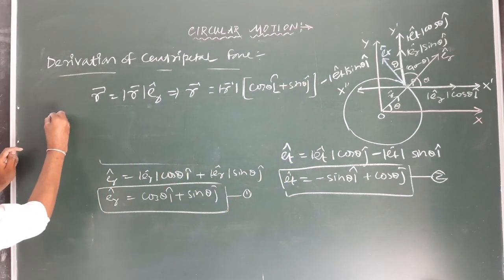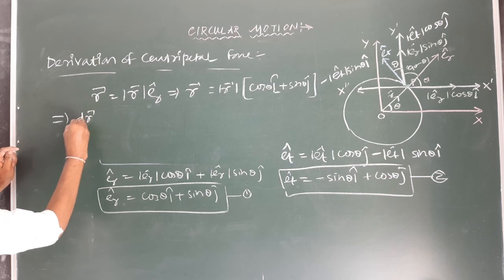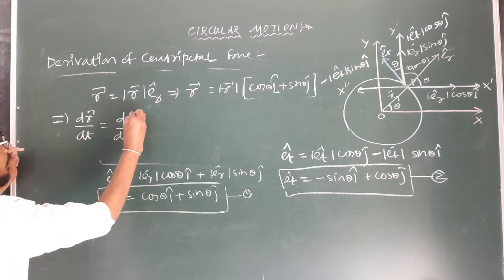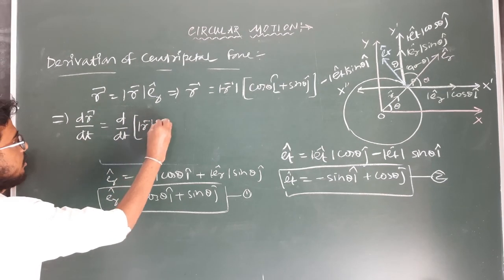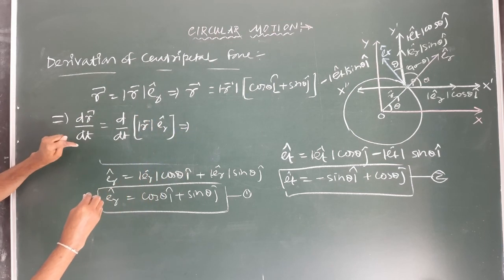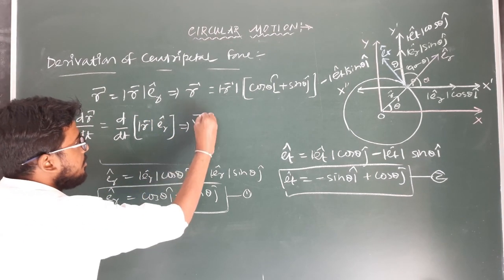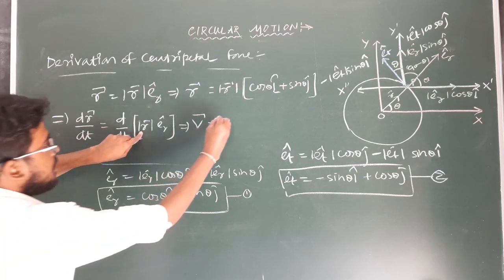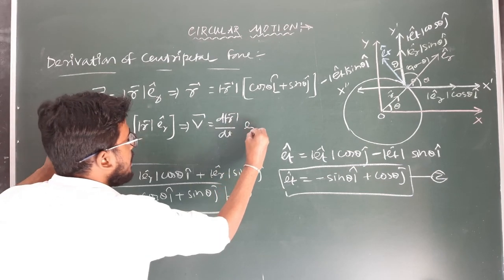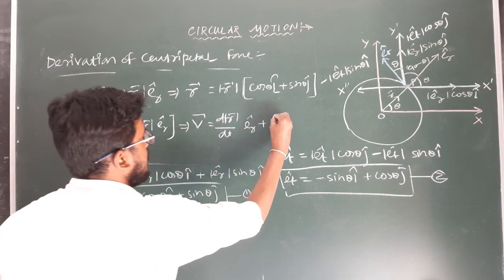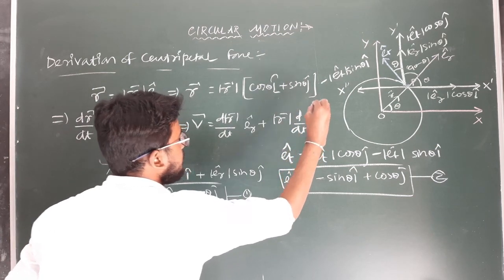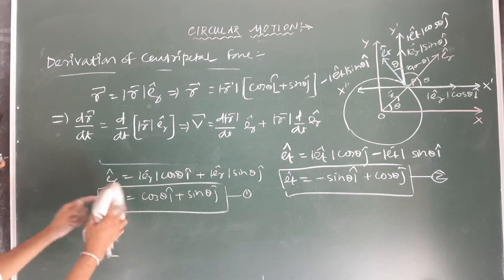Okay, now differentiating both sides, dr vector by dt will be d by dt of |r vector| into er cap. What is dr by dt? It will be the linear velocity v vector, which is equal to d|r vector|/dt into er cap plus |r vector| into d by dt of er cap.